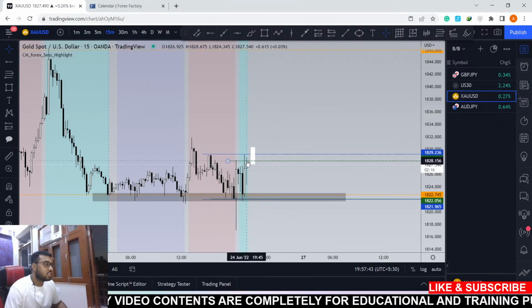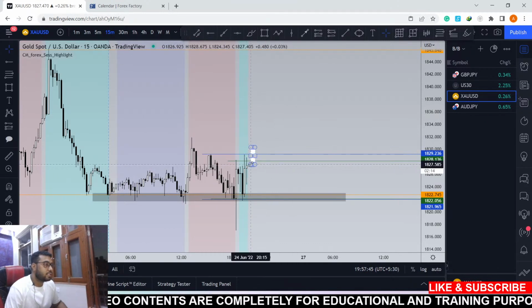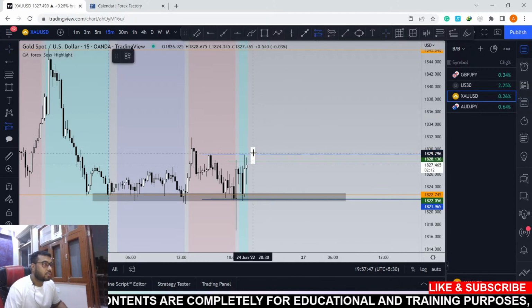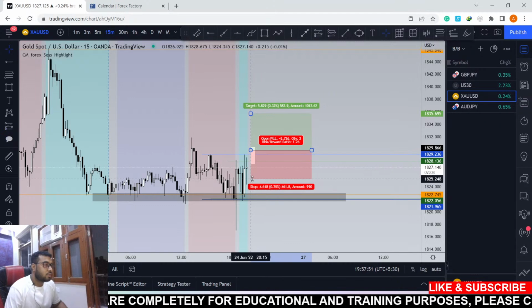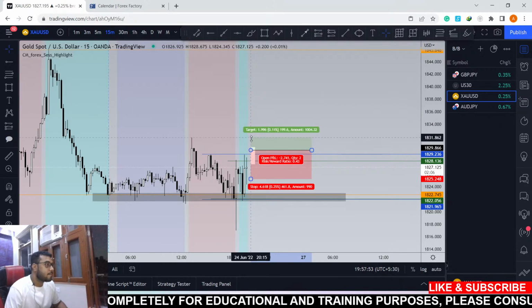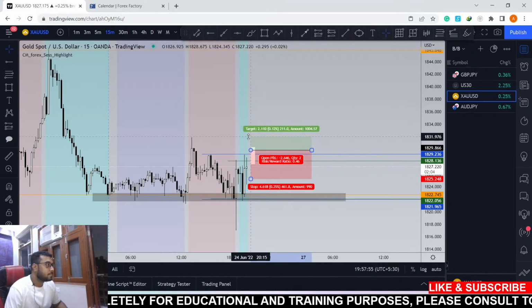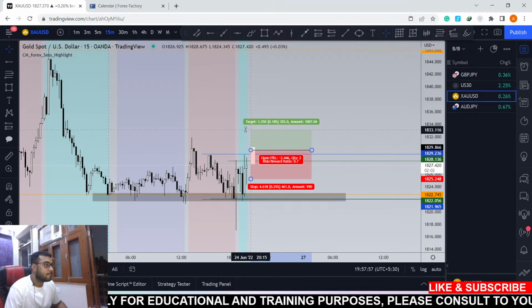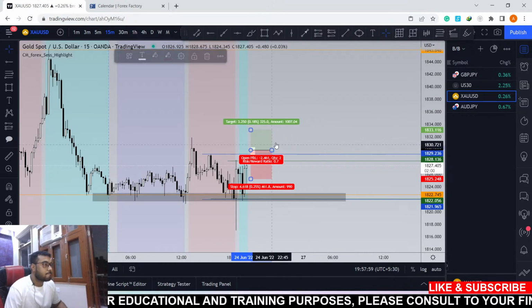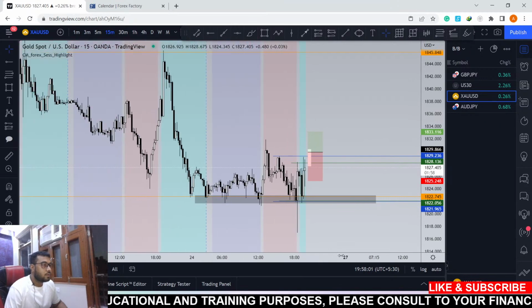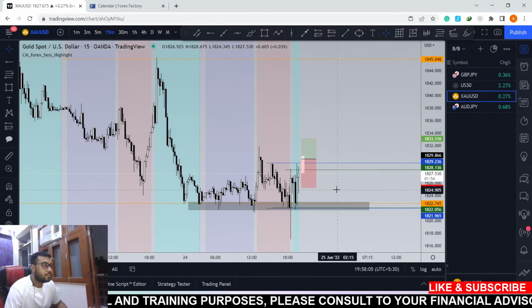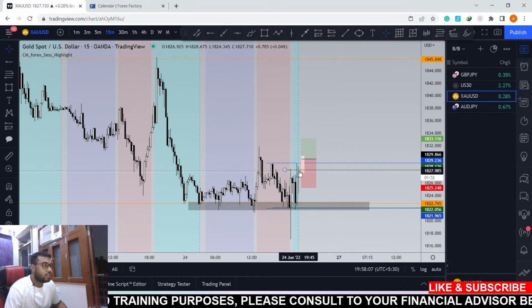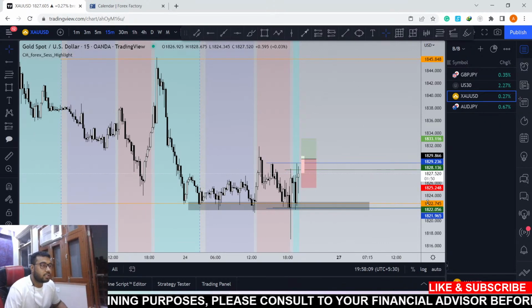If this candle closes somewhere around this area, and the next candle just goes up, this will become a very high priority trade.